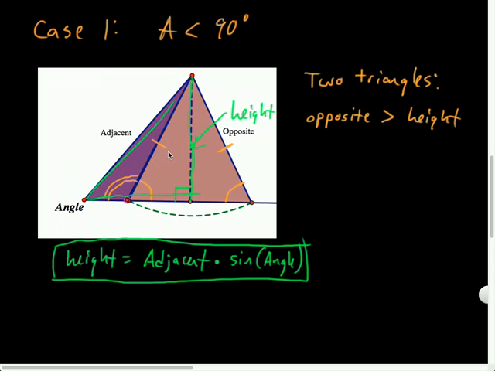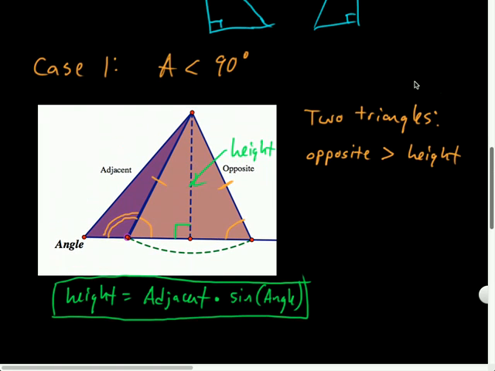So that's where this formula comes from. It's not just willy-nilly, it happens to be the same every time, because these cases are specifically referring to our angle side-side situation. So if the opposite is bigger than the height, then there are two possible triangles.